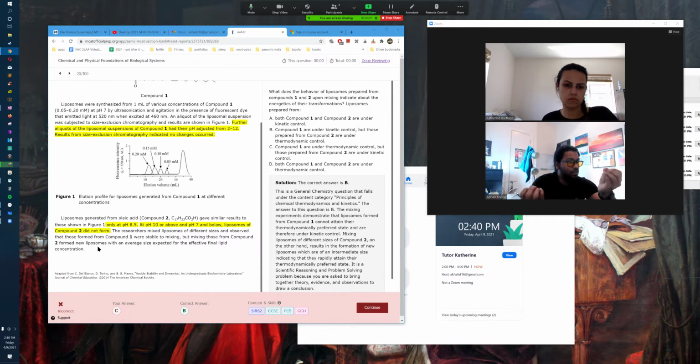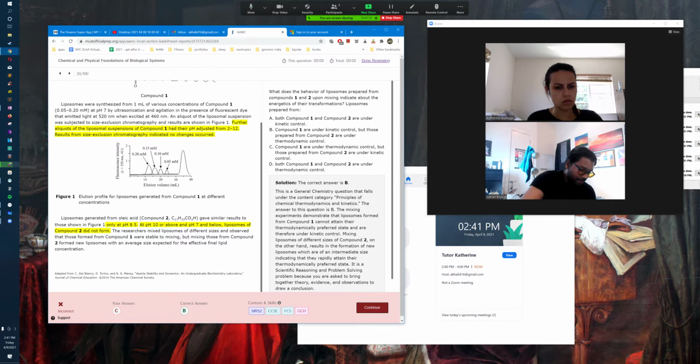However, when they mixed the ones with compound 2, the liposomes, instead of retaining their sizes, combined to make a new liposome with a size equivalent to the total lipid concentration, like a mean of the total lipid concentration.